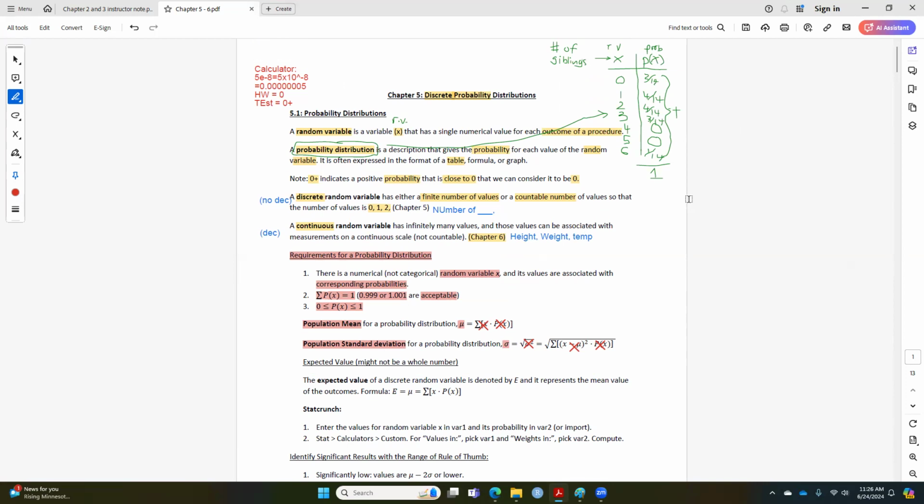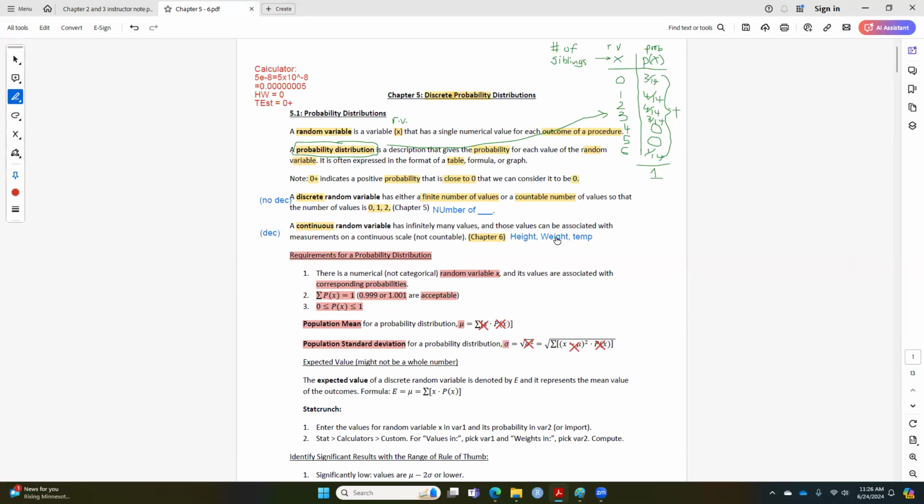That means I can find the mean and the standard deviation using this. Again, where I get this probability distribution from, I get it from a sample, I get it from you guys. But I can use that to predict the population for number of siblings in North Hennepin. So I'm not just talking about this class, I'm talking about the majority of classes.